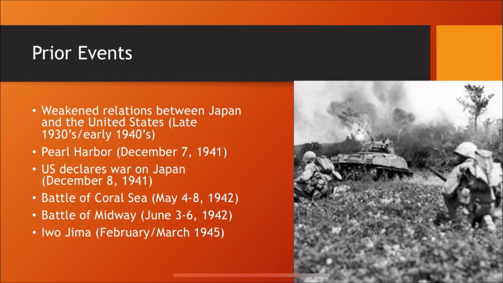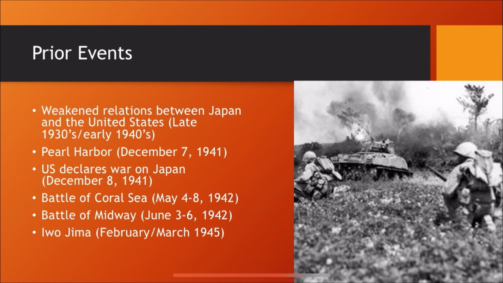Another significant event that happened was the Battle of Coral Sea. This was the first major naval engagement that was fought between two aircraft carriers. Another major battle that occurred was the Battle of Midway. This was a crucial naval conflict that turned the tide of the war in the Pacific.